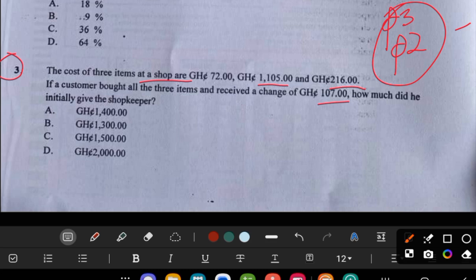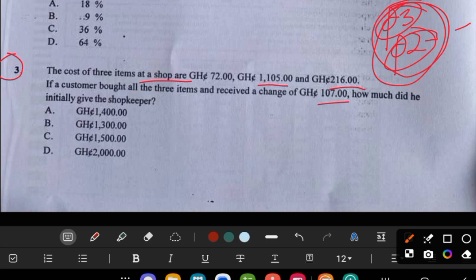Not everybody can spend at this level, even though it's possible. A lot of people can spend, but maybe as a student you've not had this encounter. So thinking of this analogy, you know that you had to add the amount spent and then the change that was given to know the total amount that was spent in the shop. So this is just basically addition. That's what this question is about.